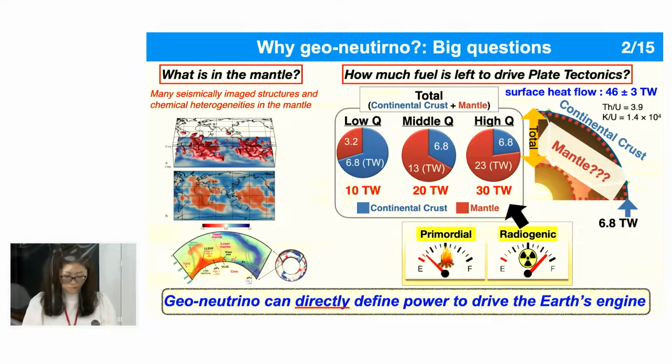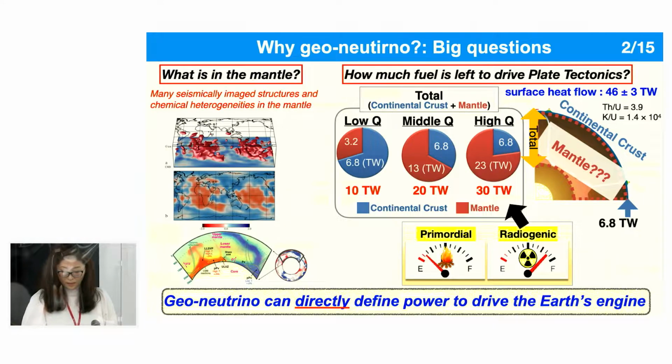In this talk, I use a categorization of low Q, middle Q, and high Q, which have different mantle radiogenic heat. In total, the three models have 10 terawatts, 20 terawatts, and 30 terawatts of radiogenic heat.